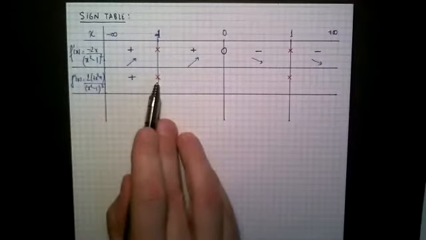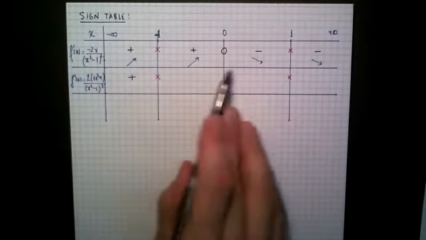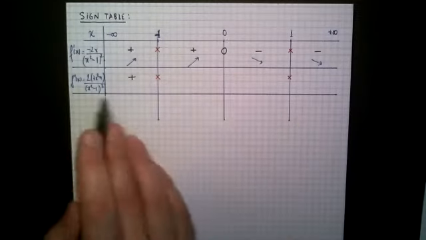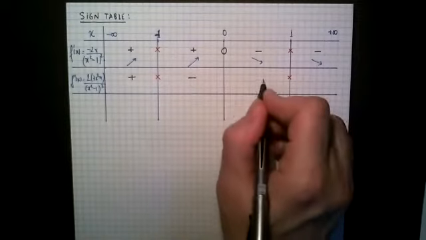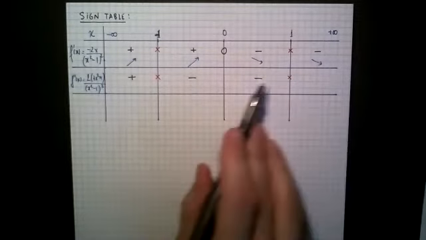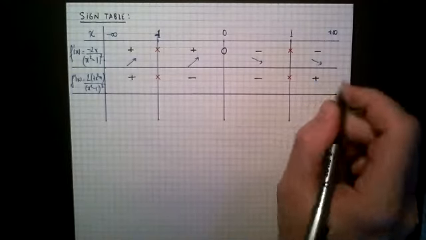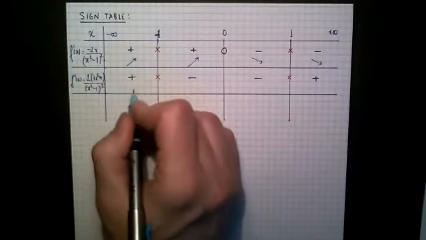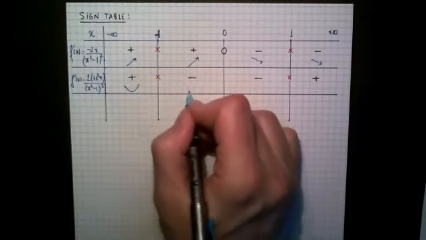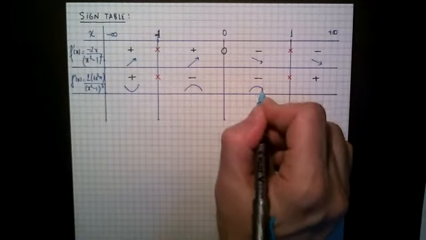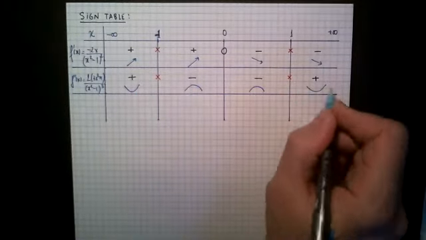If I plug in anything between negative 1 and 1, for example, 0, I get negative. And anything above 1, I'm back to positive. Concave up, concave down, concave down, concave up.